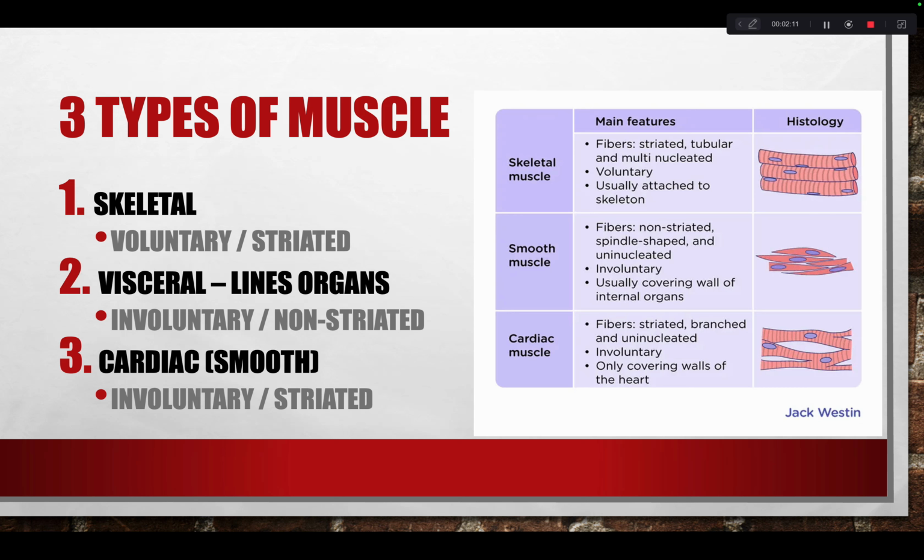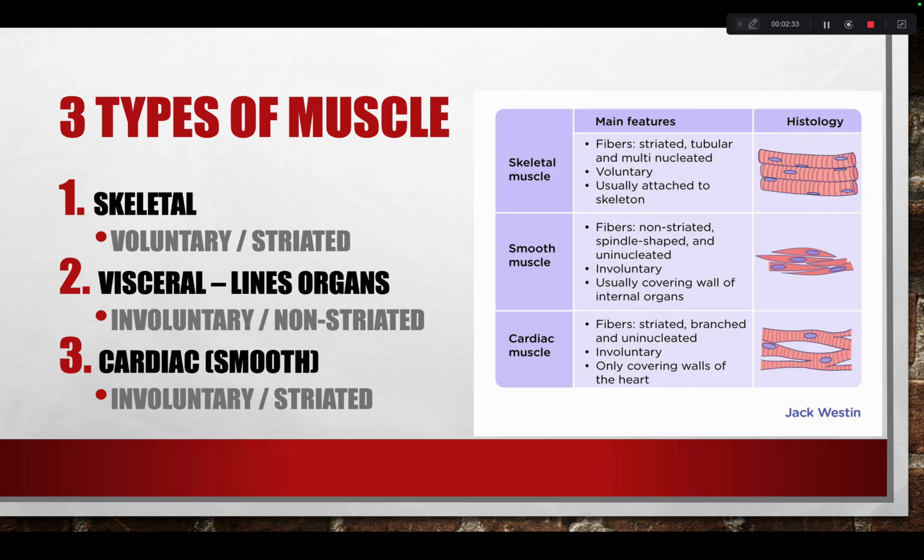I'm going to move over to the picture on the right, the little table here. So your skeletal muscles, here are some of the main features, and there's also a picture of what those skeletal muscles might look like under a microscope. Obviously, this is a drawing of a sort. All right, so skeletal muscle, the fibers are striated.